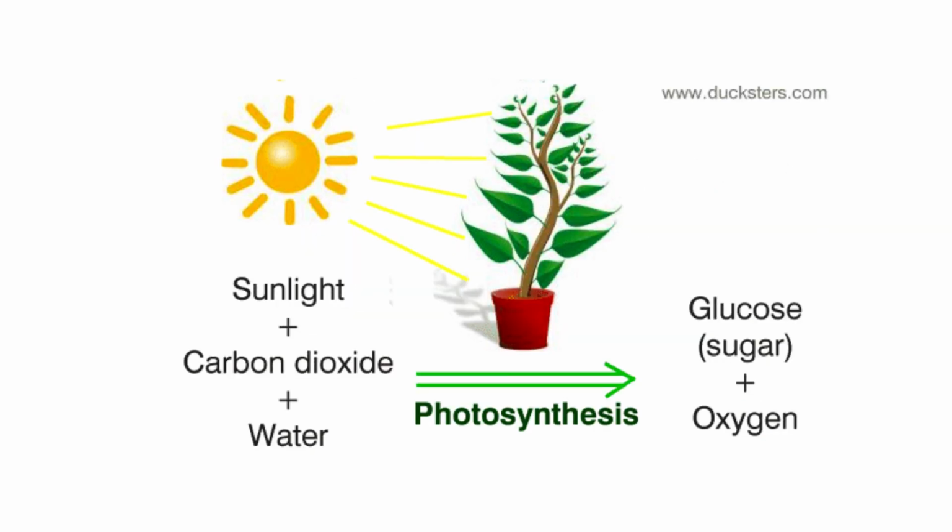During the Calvin cycle, our goal is to take that energy that we created and put it in a storable form. To do that, what plants do is they make glucose.